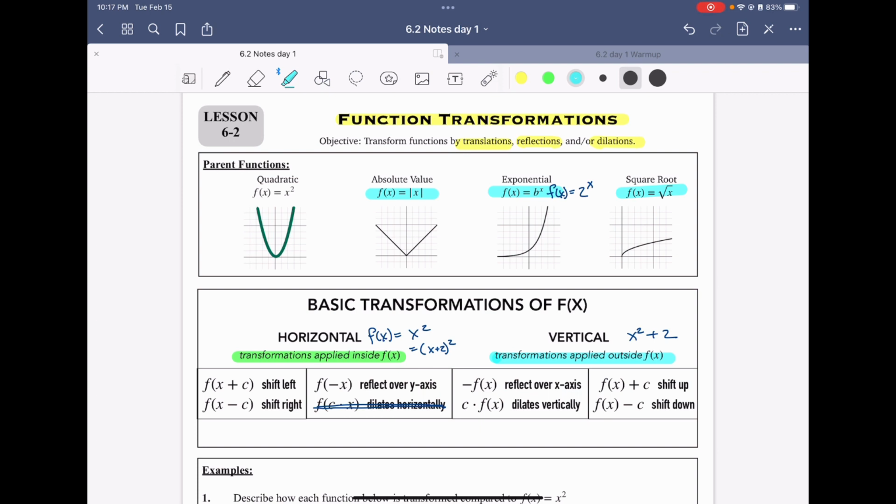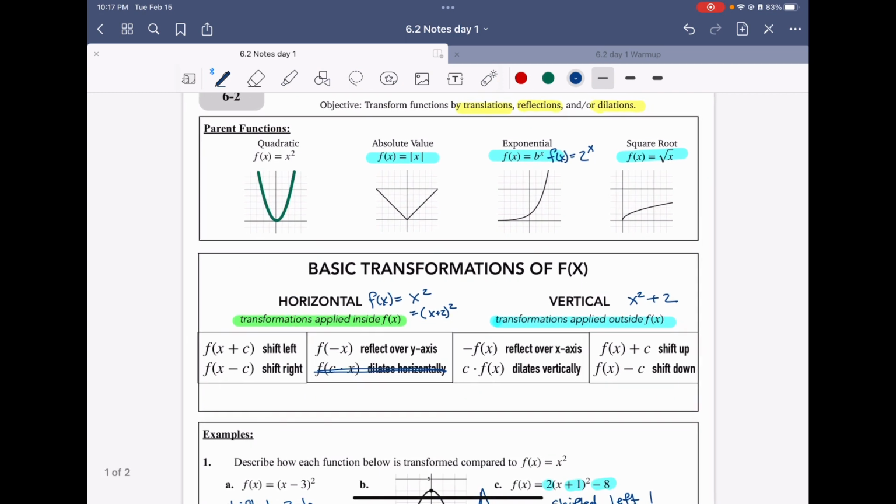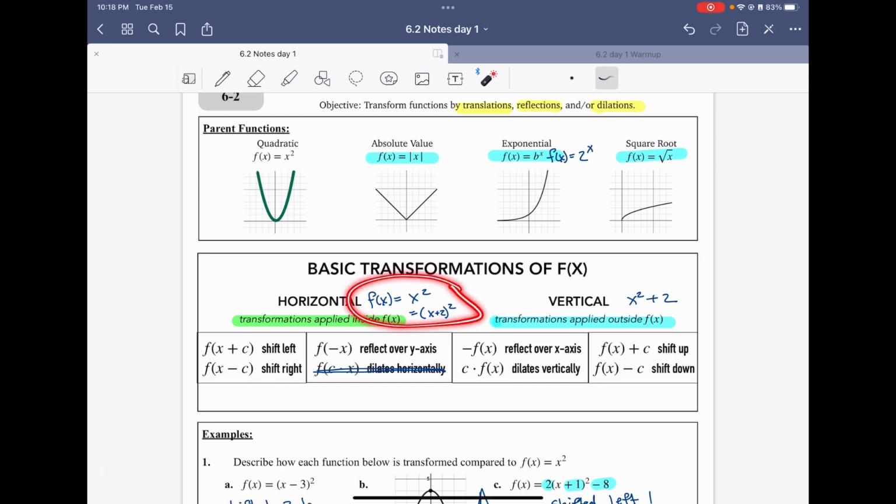For example, in an absolute value function, inside the function isn't going to mean inside parentheses, it's going to mean inside the absolute value sign. If you remember, inside the function for quadratic meant that it happened before you squared it, which meant we put parentheses around it and then squared it. Inside for an absolute value is going to look like keeping it in the absolute value sign.